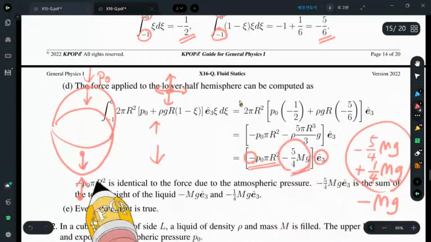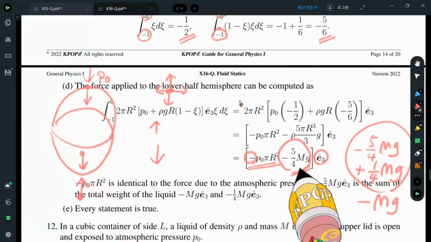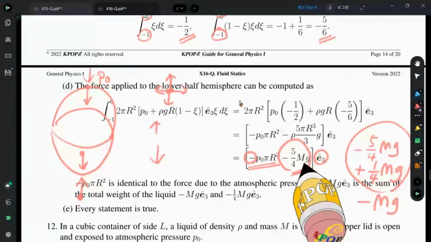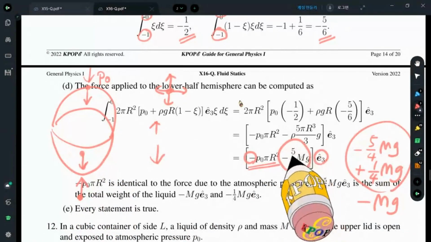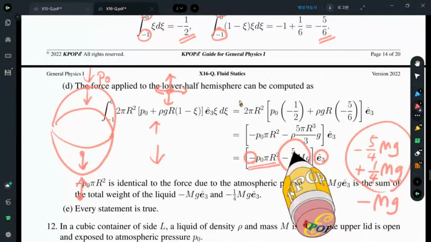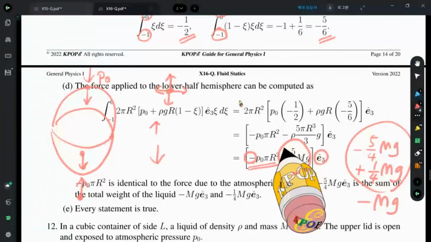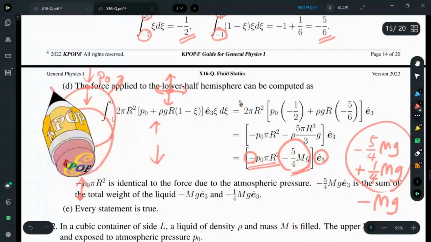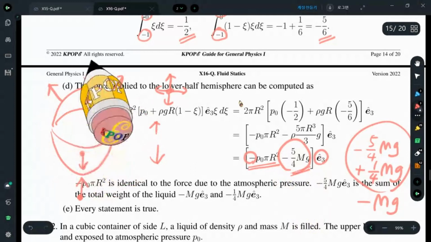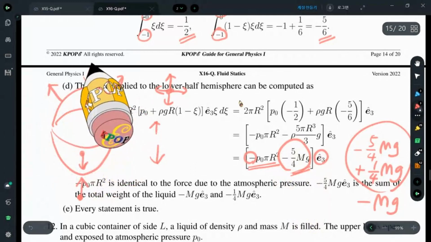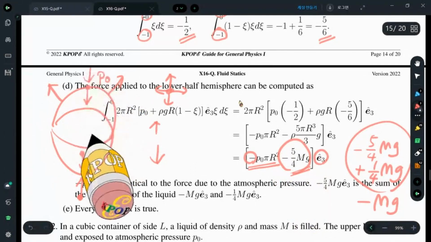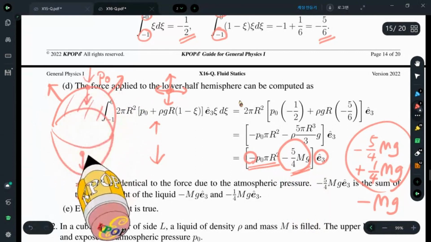And this part is bigger than the amount of its own mass. The reason is that it had to apply the force upward, defying gravity, because it is liquid.